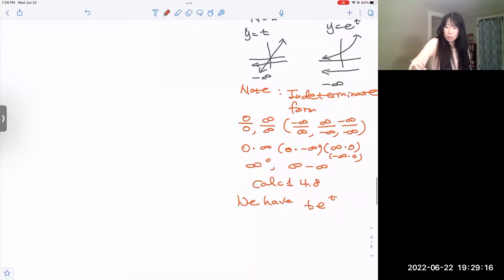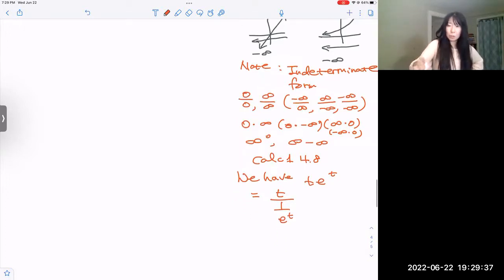So this one, we want to write t over 1 over e^t. Okay, now this is a fraction, so we can apply L'Hopital's rule. So let us do this. This one we can say the limit as t approaches negative infinity.